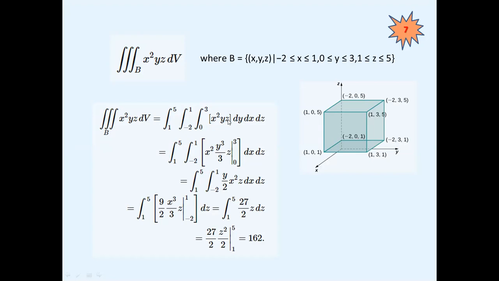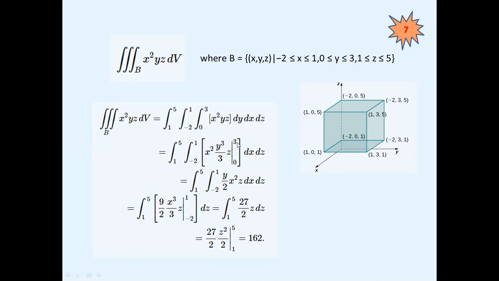So if you integrate in terms of y, that would be x squared y squared over 2z. Wait, you're integrating in terms of y, so this should be y squared over 2. There's a mistake here, class. Y squared over 2, then you substitute from 0 to 3 for the y.